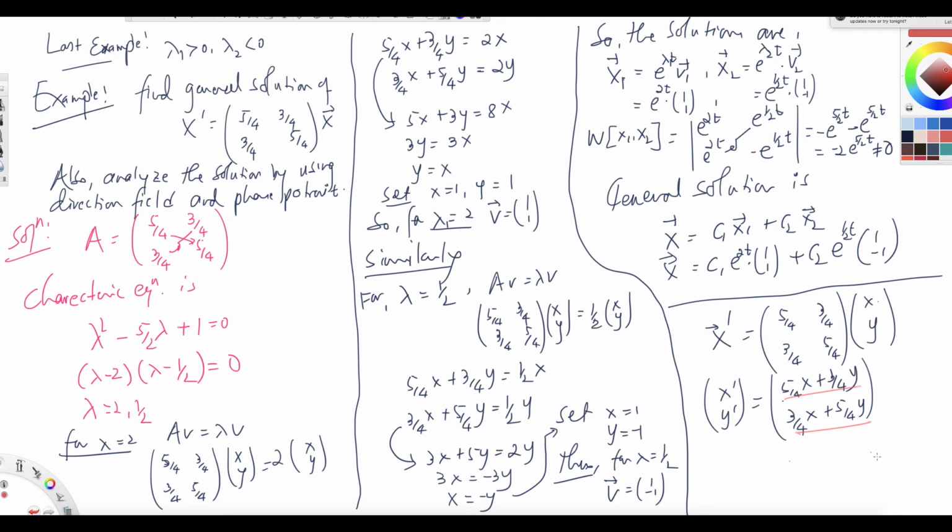This is because both eigenvalues are positive, so the direction field and solution curves go away from the origin.